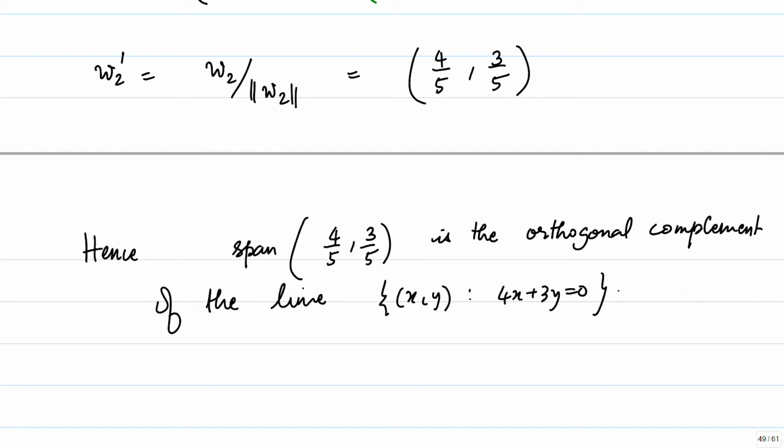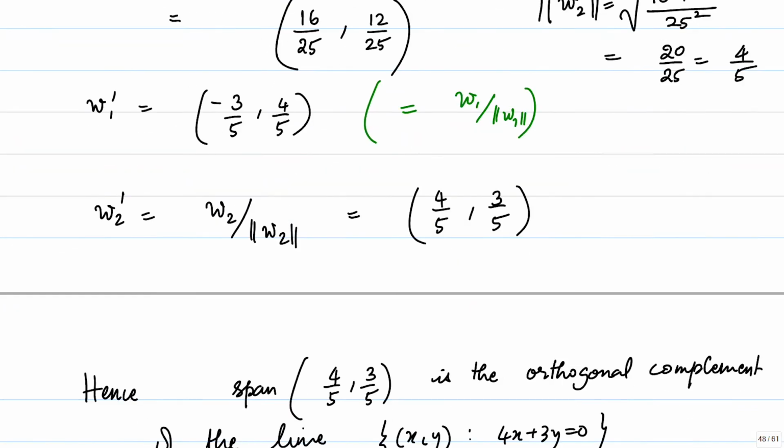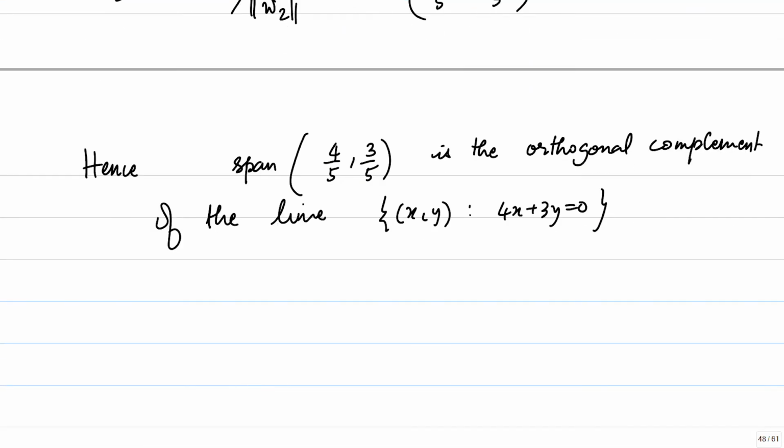I hope I have written the same line above. Yes. So we have explicitly computed what the orthogonal complement is. So this is quite straightforward. One could have really done it by a straightforward simple calculation as well, once we have understood what the orthogonal complement is. But anyway, now we have a technique to go about getting hold of the orthogonal complement.